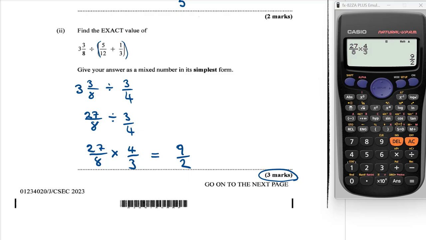And I can convert this to a mixed fraction. 2 into 9 goes 4 times, and 1 remainder, so I'm left with 1 over 2. So that's my answer right there: 4 and 1 over 2. Again, guys, you see how I just work this question with the use of my calculator to get my 3 marks.